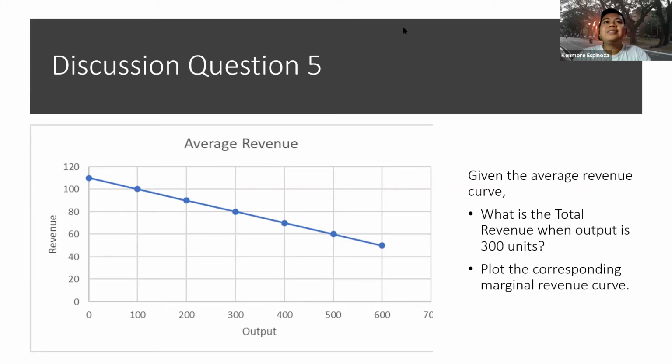Any other hands? Sige, Zandra, hindi ko pa kita natawag. For the total revenue po, sir, yung formula would be total revenue equals to average revenue times quantity po. So 80 times 300 equals 24,000 po yung total revenue.